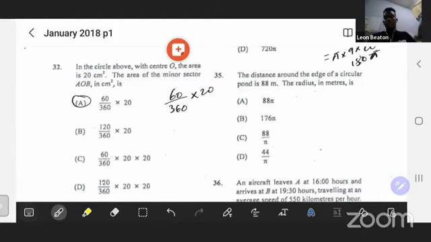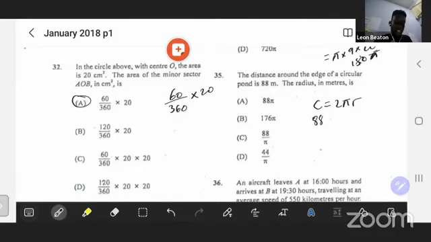So for a circular pond, we're talking about the circumference of the circle, and to find the circumference of a circle there are two formulas we can use. But since we are interested in the radius, let's use the formula that involves the radius. So circumference is equal to 2 pi r, or pi d, but in this case, we're using 2 pi r. They give us the distance around, so it's 88.